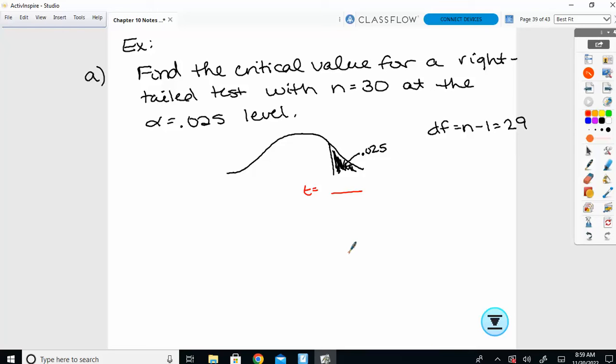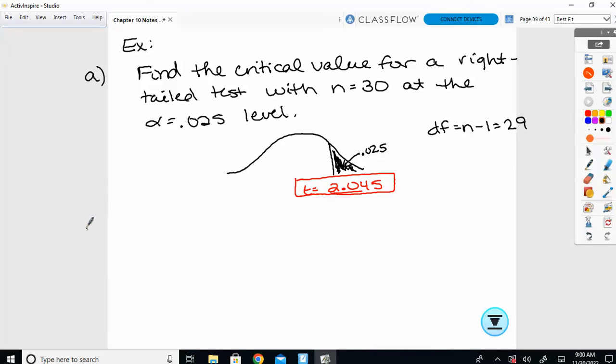So you go to your table, go down to 29 degrees of freedom, over to the 0.025 probability, and the critical value, that's the t, is what? So that is the answer I am looking for.